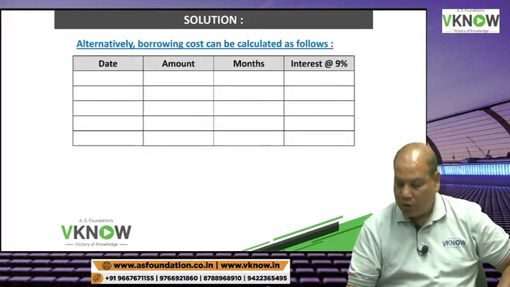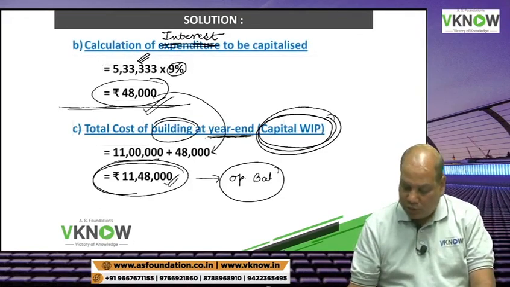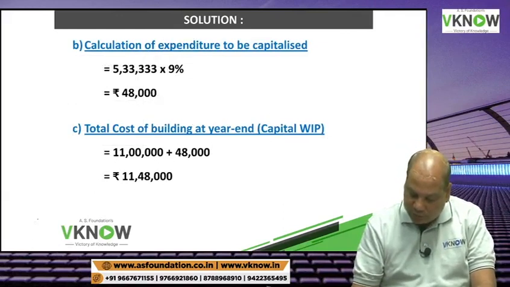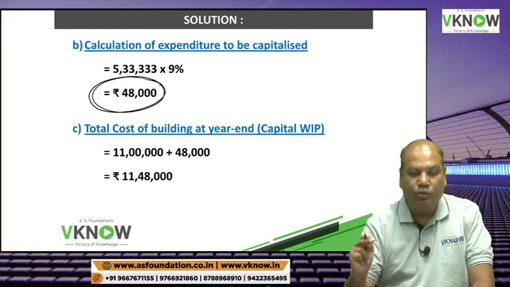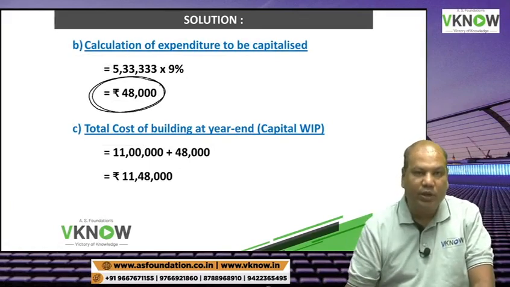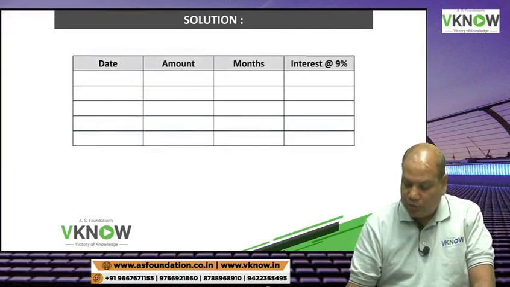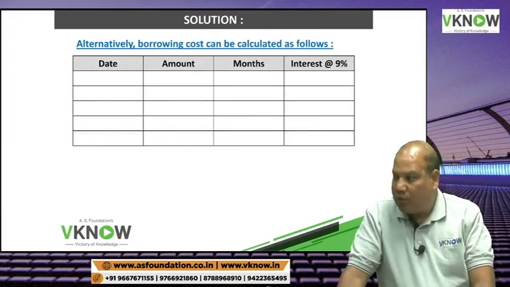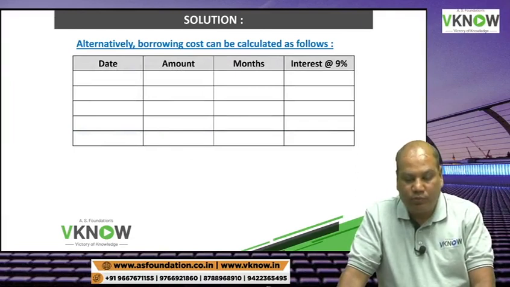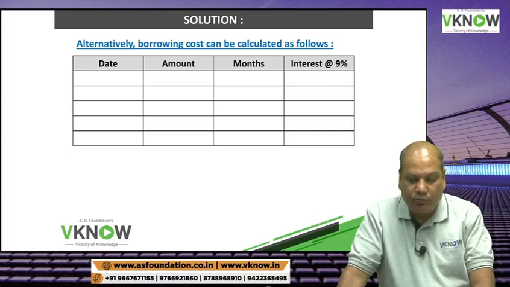Okay. Now, I will tell you one more thing for understanding. This 48,000 can be calculated by one alternative method also. Write down, alternatively, borrowing cost can be calculated as follows.